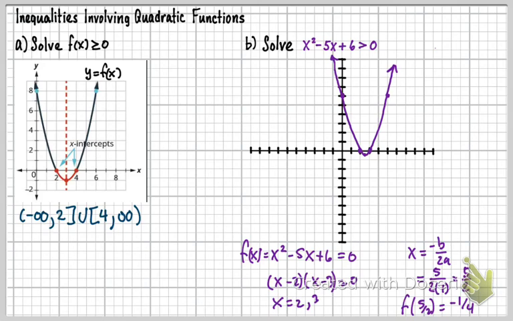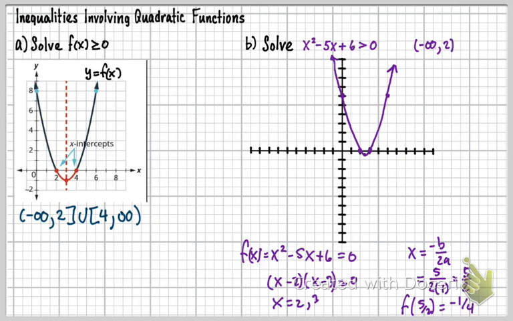So that's going to be from this value here all the way left, because remember, we represent these solutions in terms of x values. So that first interval is going to be from negative infinity, comma 2, and I'm not including the 2 because it doesn't say equal to, just greater than.